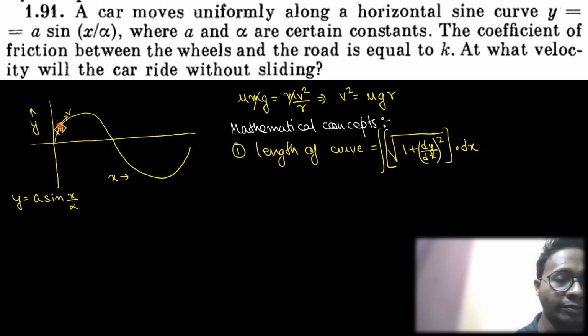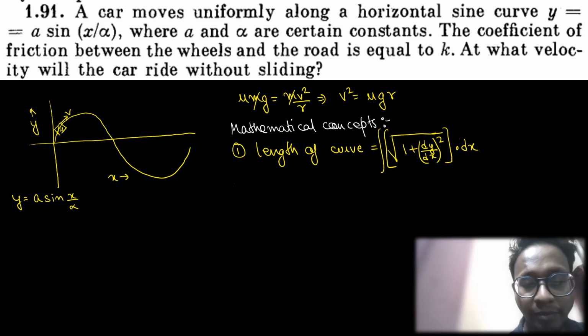Suppose you want to find the length from here to here, so you put x from here to here. And the second formula that I have to use is the radius of curvature.